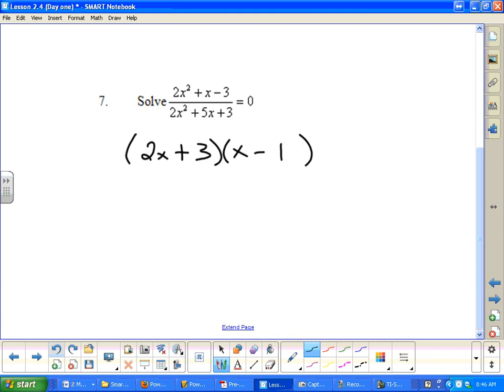In the denominator, I'm going to do slide and divide with you for this one, for the numerator, just because I want to show you something that will help your life in the future. The denominator, can that be factored? It can. No. Okay. Because the factors of 6 that add up to 5 are 2 and 3. Okay.